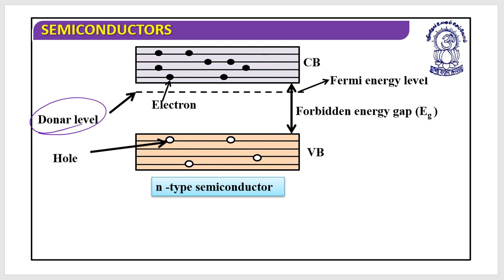One more free electron is available. That's why we are having the free electrons current over here. So this is the diagram of the n-type semiconductor for the conduction band and valence band.